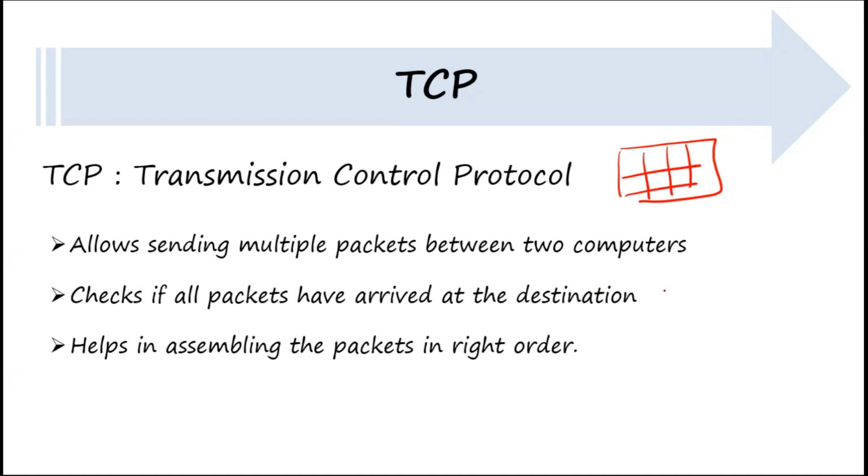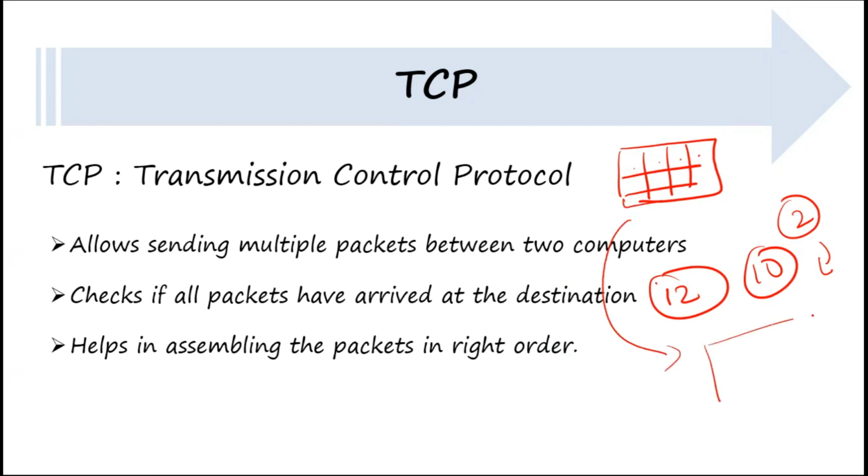Number two, it checks that all packets have arrived, for example if there are 12 packets, whether all 12 packets have been received or not. If we have received 10 packets, then it has a system to track down the 2 packets and bring them back. So it helps in assembling the packets in the right order. If this was the image, the same image should be formed when the packets are reassembled back together.